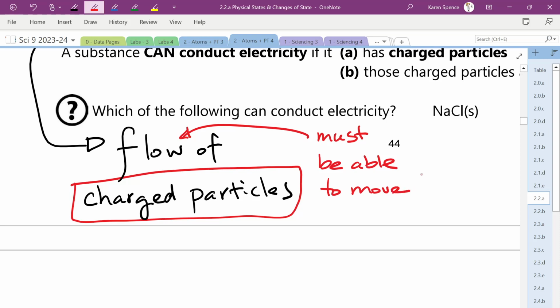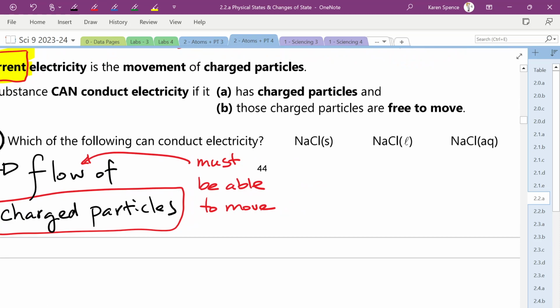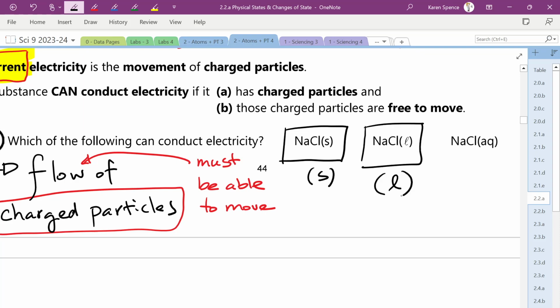So if you need to have charged particles that can move, which of these three things can conduct electricity? Solid sodium chloride, liquid sodium chloride, or aqueous sodium chloride. Chat with your partner about that. Take a look at the pictures of the solid, of the liquid, and of the aqueous.